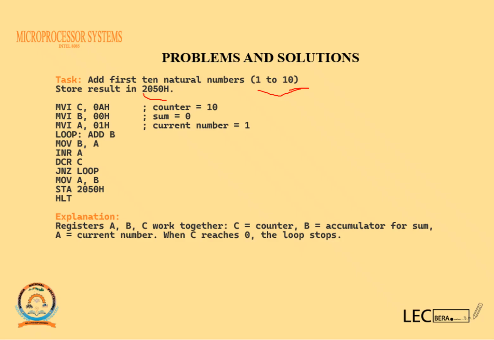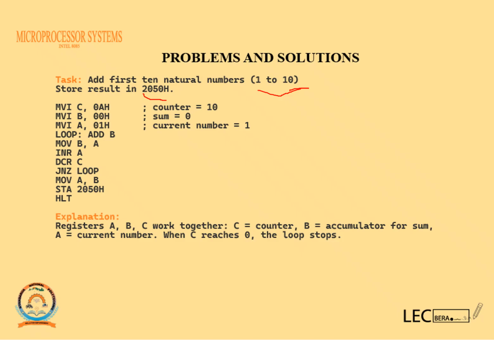So if you add, for example, 0 plus 1, you will get 1. You store this 1 somewhere, and then you have a counter which is going to count 1. So it means that you are supposed to count up to 10 for you to finish that addition of 10 natural numbers, or 1 to 10 natural numbers.